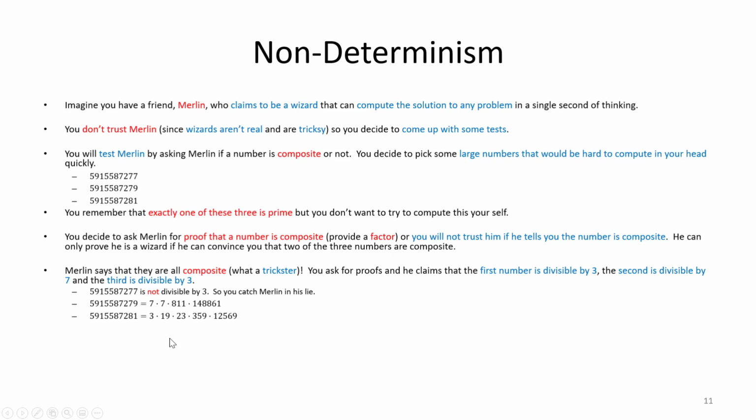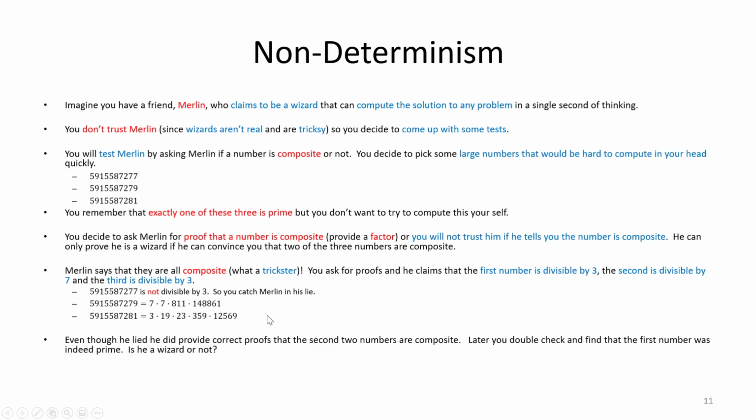So basically the outcome of this experiment is we kind of have to trust Merlin in these two cases where he's given us a proper factor, but in this case I'm not going to trust him. I'm going to assume this was my prime number to begin with. Now he lied to us, and only because maybe we double check later, or because you trust me, only that way do we know that this one is a prime number.